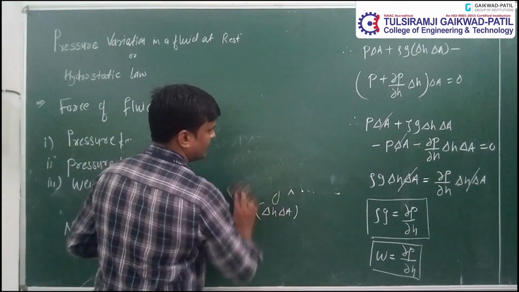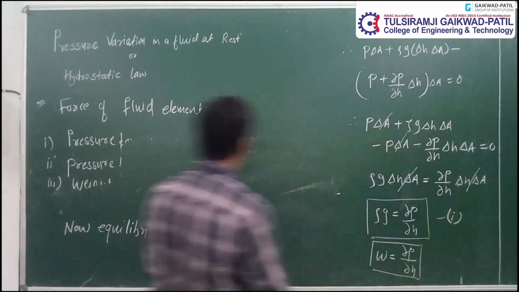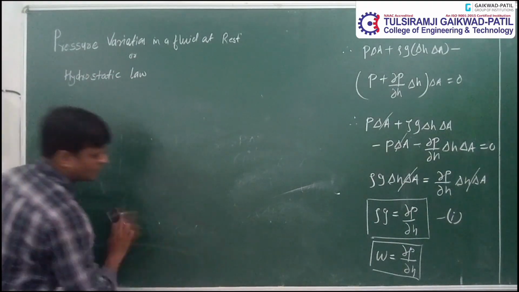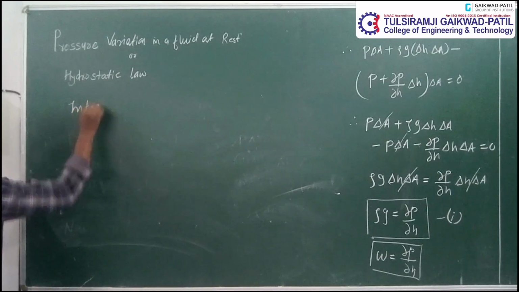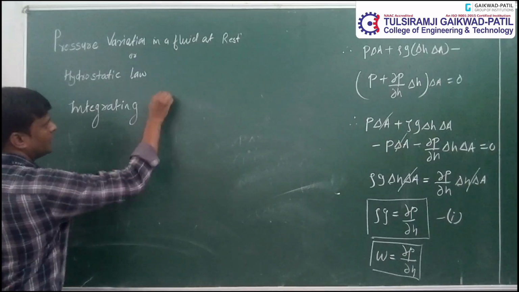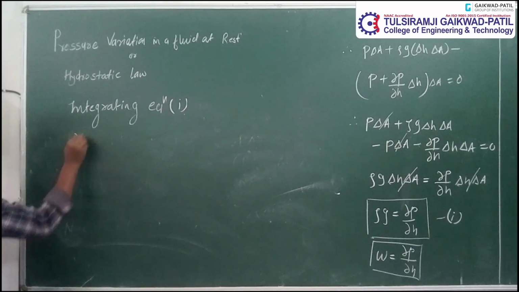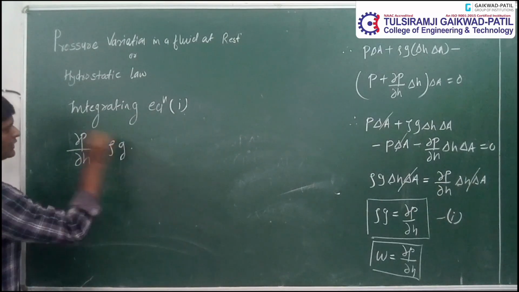Now, if we consider this equation number 1 and integrate it, what do we get? Rho into g.